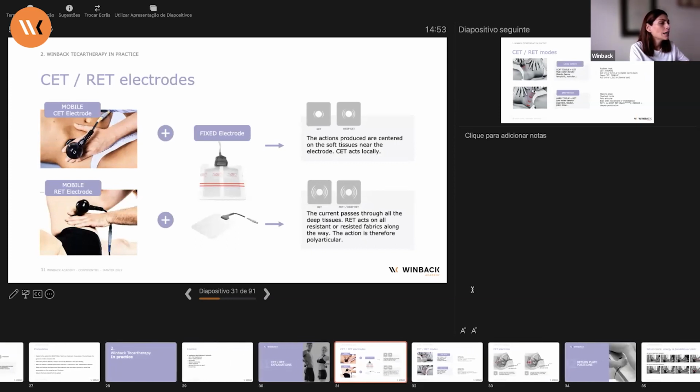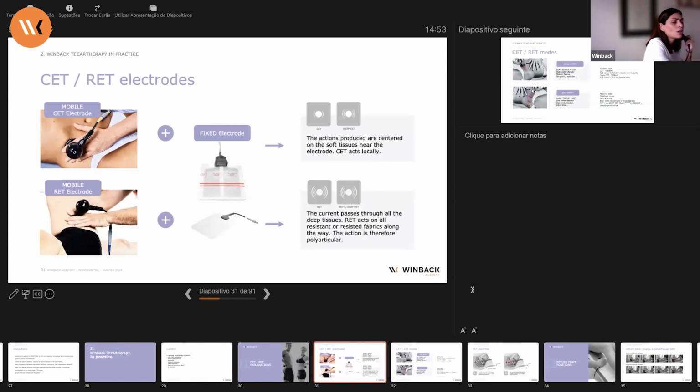So we have always a mobile electrode, and we have always a fixed electrode. So the set, the actions are produced under the electrode, and it stays focused under where the electrode stays.